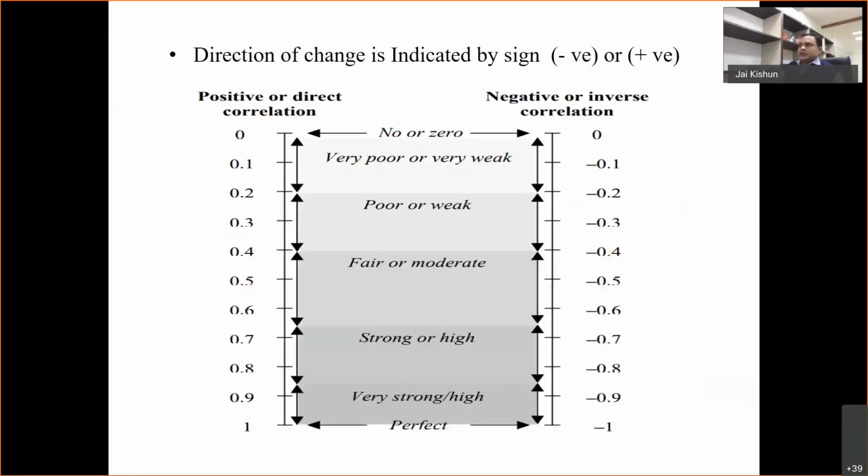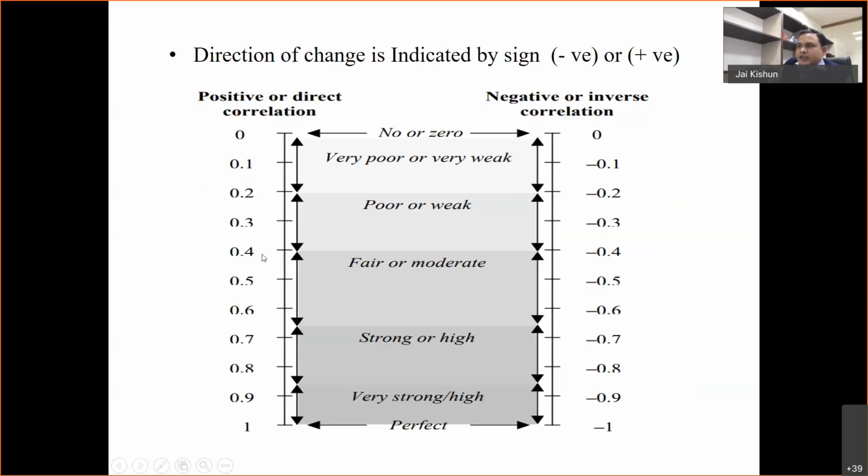This is the last slide. You can see that we say there is perfect correlation when the value of R is either +1 or -1. It is very strong if it is 0.9, either positive or negative. If it is 0.7 to 0.8, either positive or negative, it is strong or highly correlated.